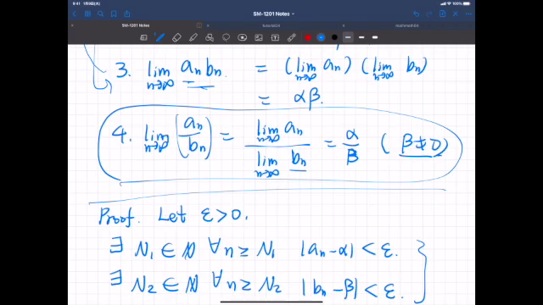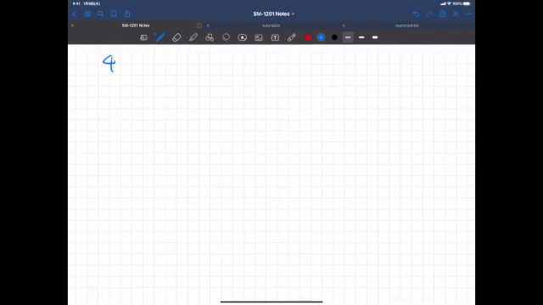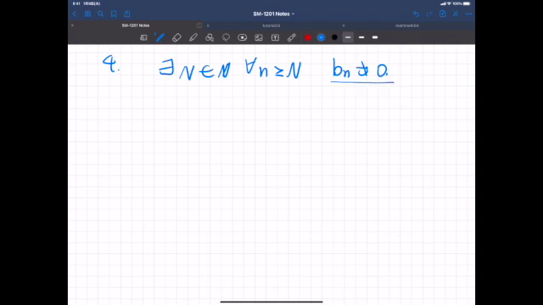But fortunately, because beta, which is the limit of bn, is non-zero, we can prove that there is some natural number capital N such that for all natural numbers greater than or equal to this capital N, bn is non-zero. So after some point, bn cannot be 0. Otherwise, bn does not converge to beta, which is non-zero.